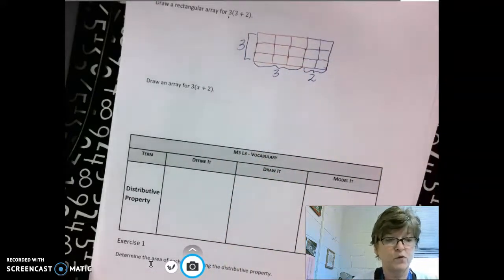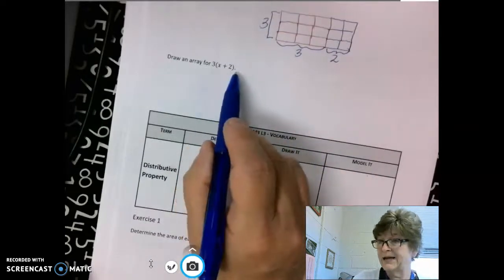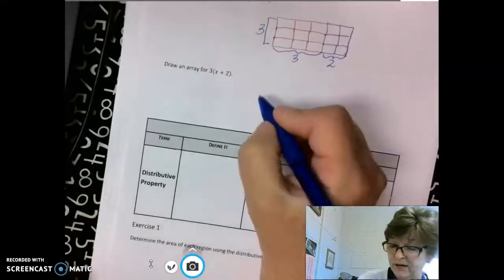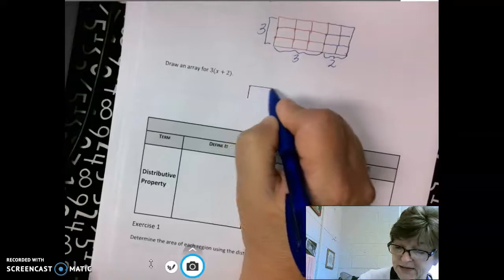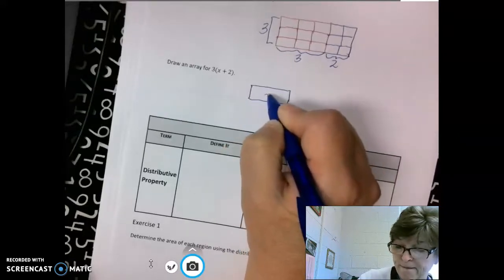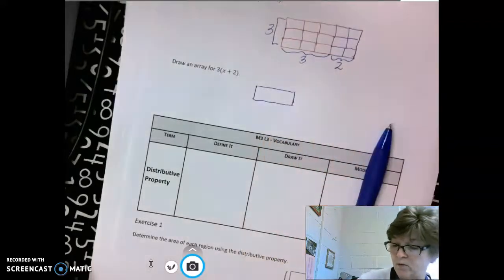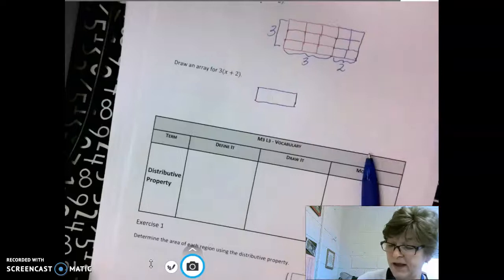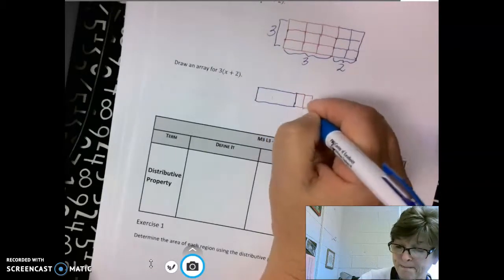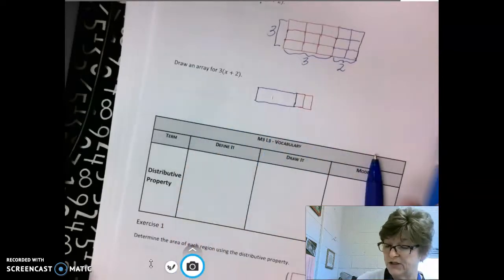As we move forward, we're going to look at 3 times x plus 2. So we're going back to what we did previously. And I have my x. And then I have 2. And I need 3 groupings of this combination.